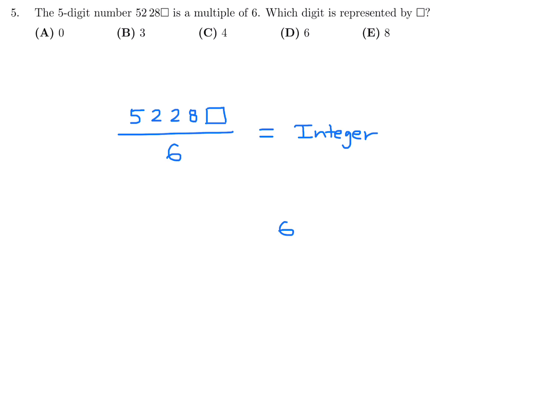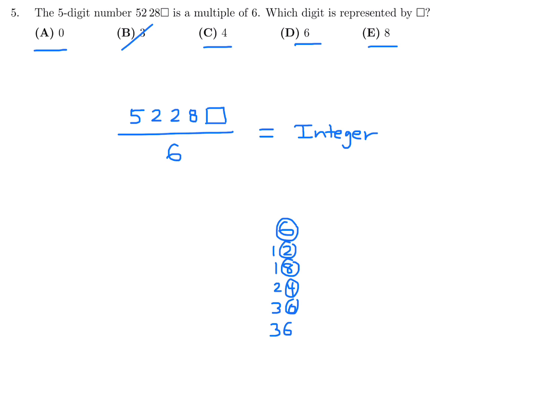You can probably think, well, multiples of 6 are 6, 12, 18, 24, 30, 36. So I guess our only choices are 6, 2, 8, 4, 0, 6, 4, 8, 0, and 3. So I guess 3 is the only one you can eliminate, but it's still going to require trial and error for the other ones.